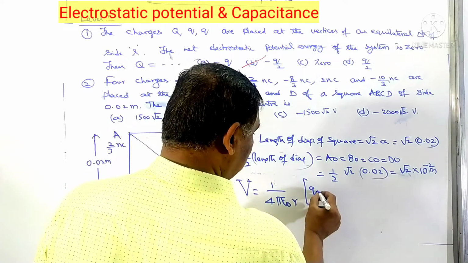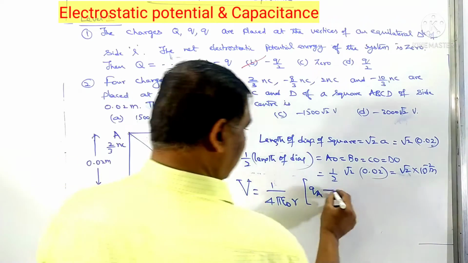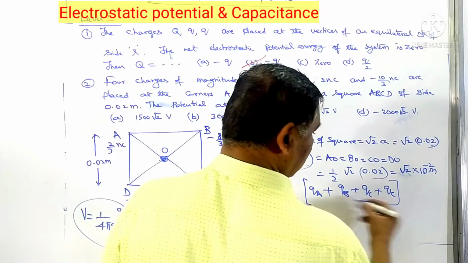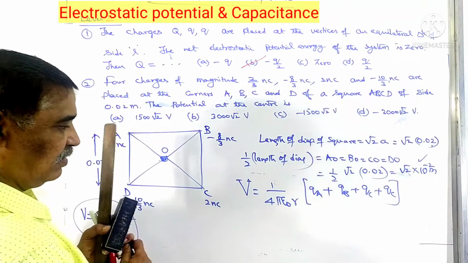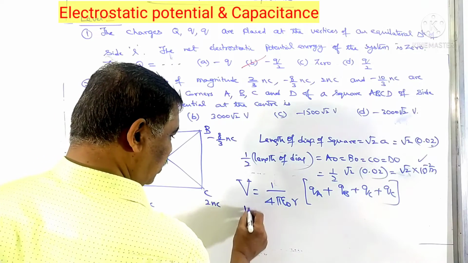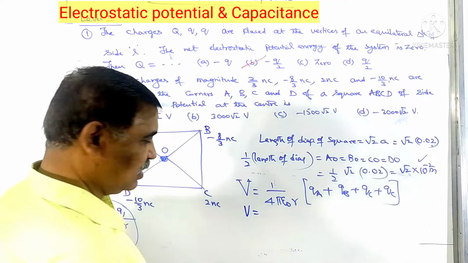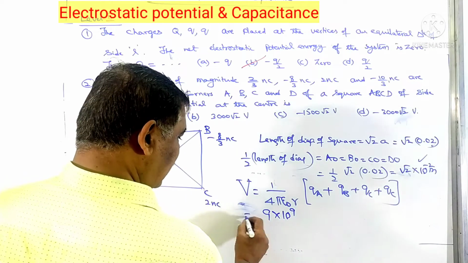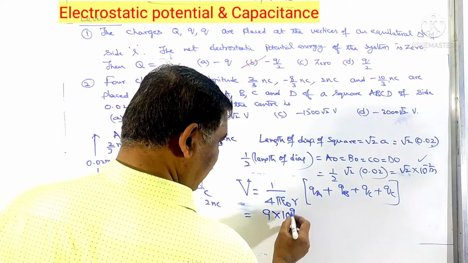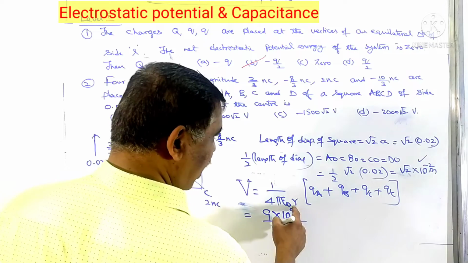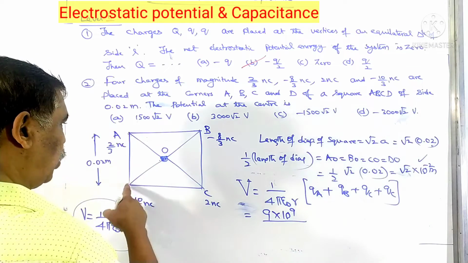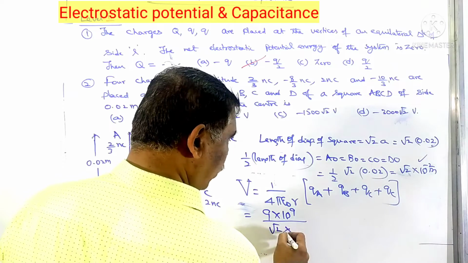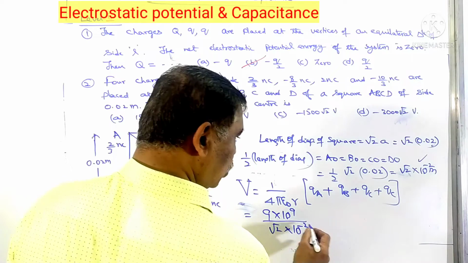Now you take the sum of the charges, charge at A plus charge at B plus charge at C plus charge at D. That's all. Substitute the values. So V is equal to 1 by 4 pi epsilon naught, the value is 9 into 10 power 9, divided by R, which is nothing but the distance from O to D, O to A, O to B. That is nothing but root 2 into 10 power minus 2.